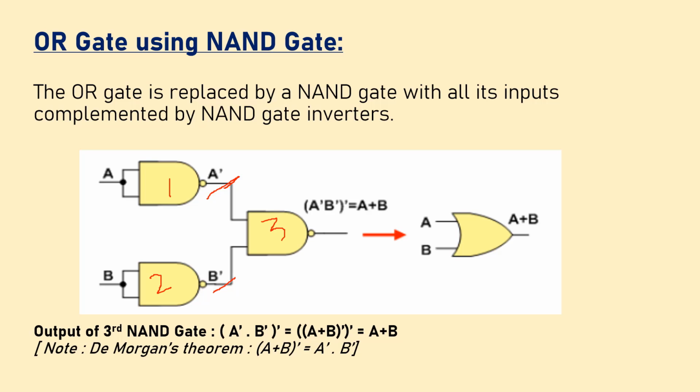Now A complement and B complement are given as inputs to the third NAND gate. So let's calculate the outcome. Since A complement is given as one input and B complement as the second input to the third NAND gate, we get the output as (A complement dot B complement) whole complement.